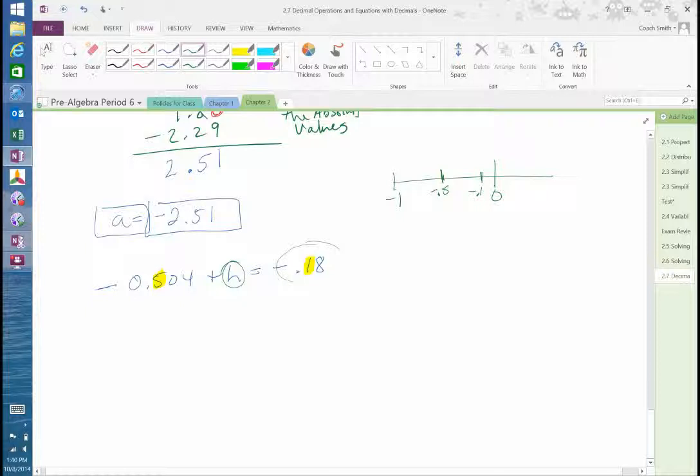So can I add a negative number to negative 0.5 and get larger? No, you can't do that. So that tells me that this answer is going to have to be positive. That's the only way that can happen. So now go ahead and solve it.